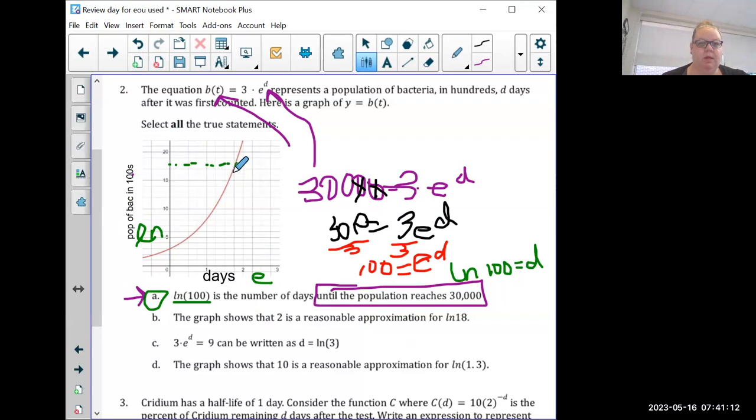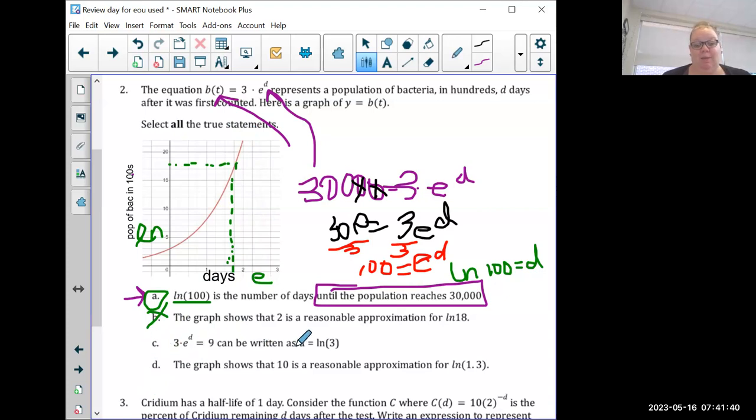I know your copy isn't the greatest, but you can still see that ln 18 is here, and this is not close to 2. This is like 1.8 days. So even though your graph isn't great to read, it's not a reasonable approximation. 2 is more up here, higher than 20. So B is not an answer.